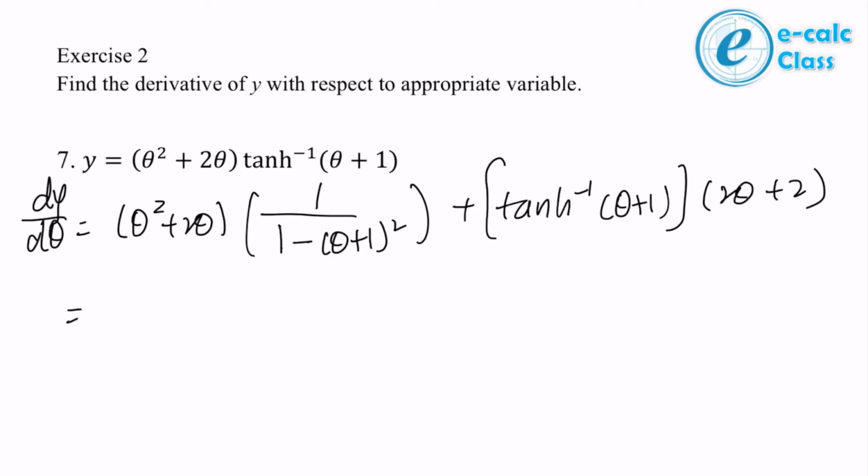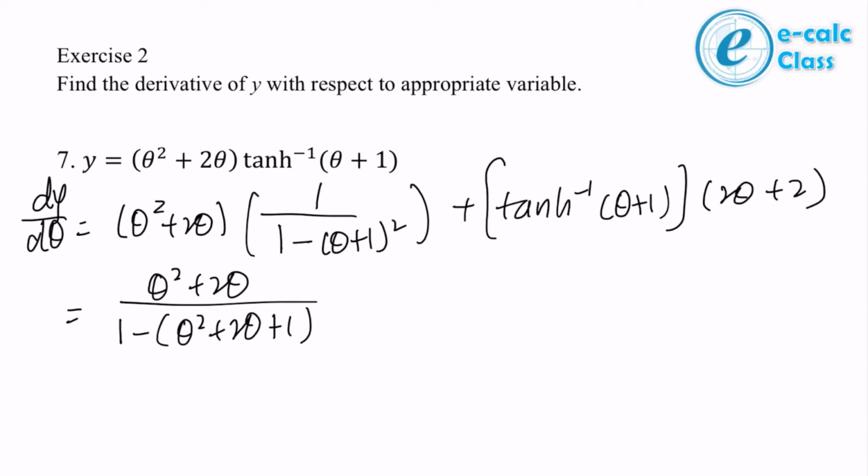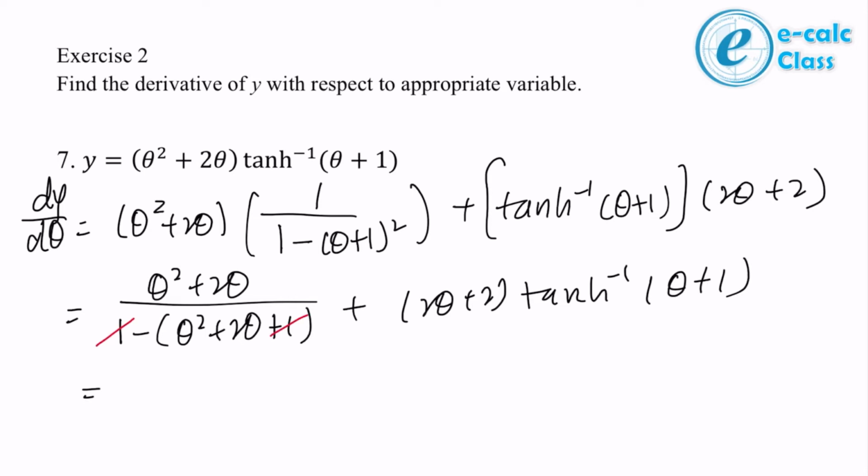Okay, then simplify, and I think there is not much you can simplify. You better expand this one. Be careful with the brackets. Yeah, nothing you can simplify here, so just rearrange it. Okay, negative 1, positive 1.